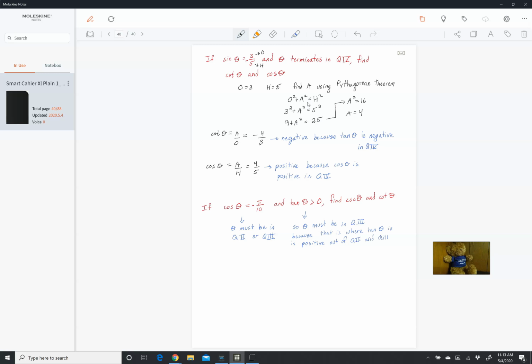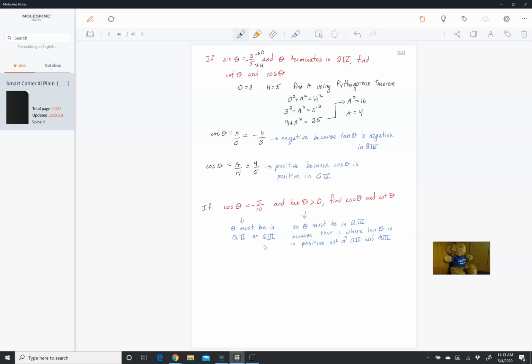So we would be looking only at quadrants 2 and 3 because our cosine is negative, okay? And which one gives us a positive tangent? Quadrant 3.